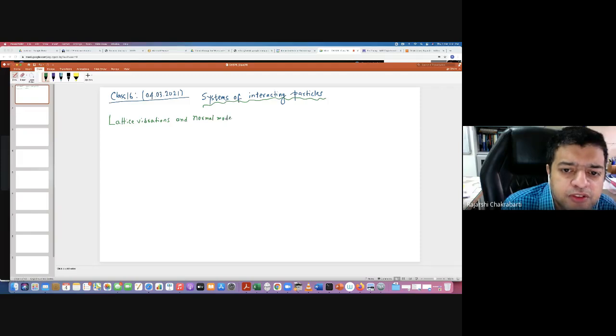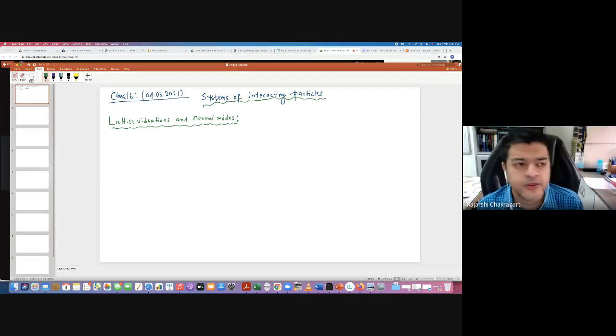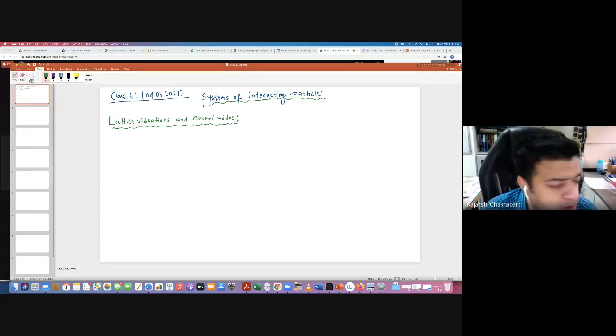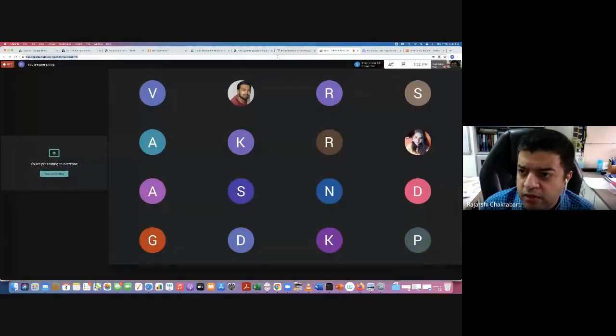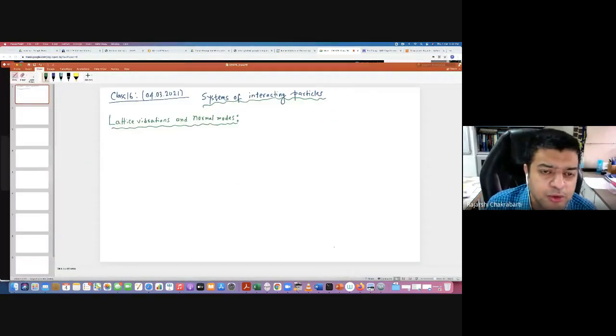How many of you know this? I am sure some of you had a course on solid state physics or chemistry, isn't it? So how many of you had a course on solid state physics?